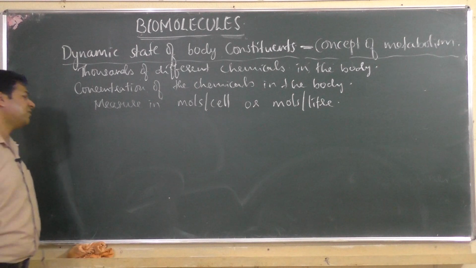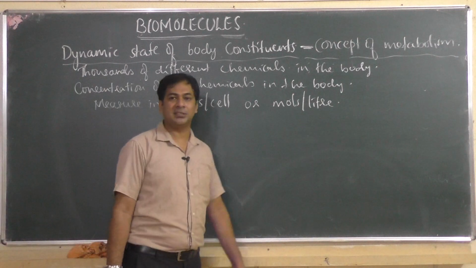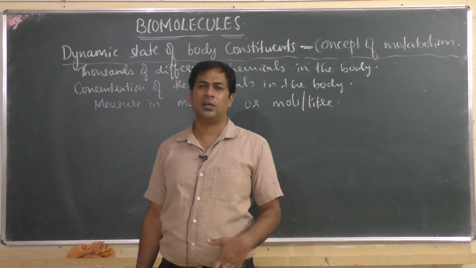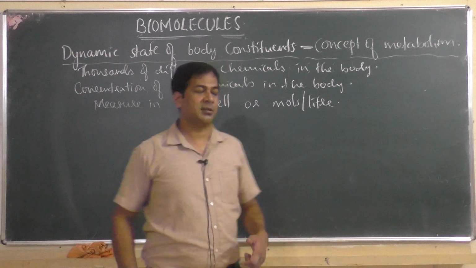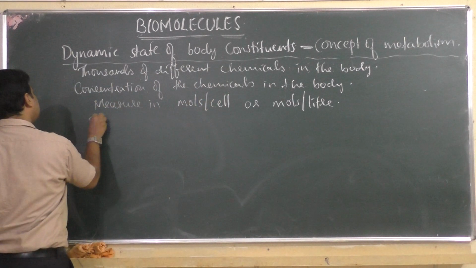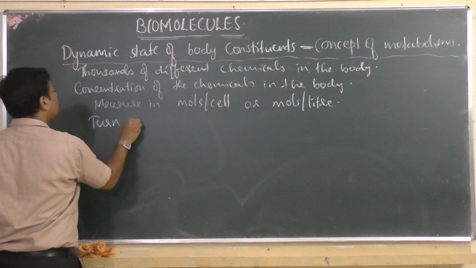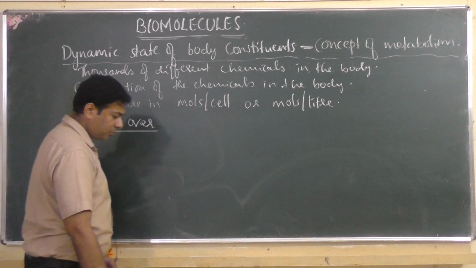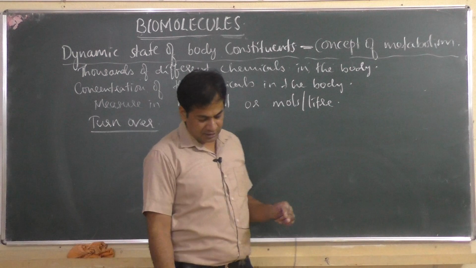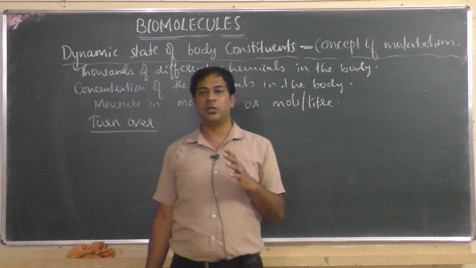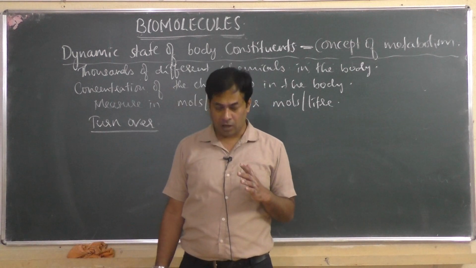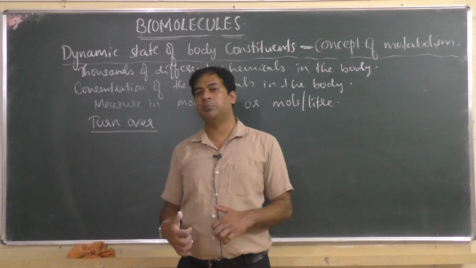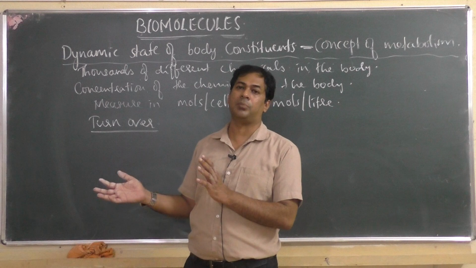And one beautiful concept is explained by the scientists, that is, all the chemicals present in our body have turnover. Very important word, okay, turnover. See, when we talk about a company's turnover per year, turnover means how much money comes into the company and how much money goes out of the company.